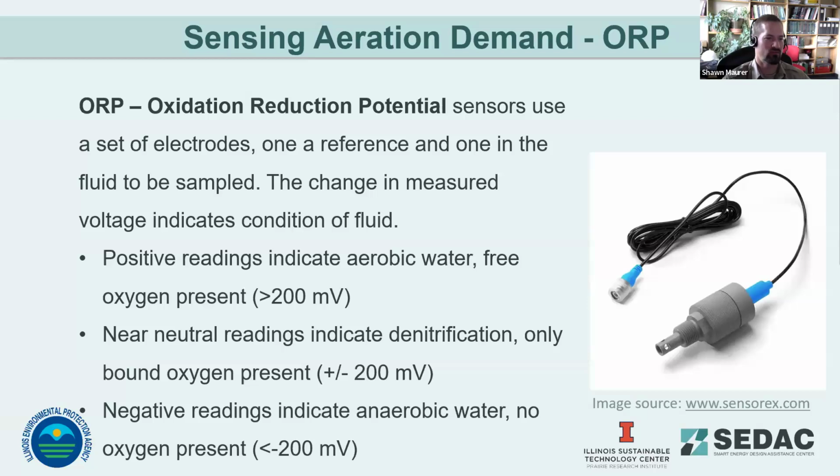So ORP is good for processes that have to either fluctuate between these different settings, like if you have an SBR or process like that, or for monitoring swing basin control, things like that, for like an A2O process or something where you've got an aeration basin with slug flow going through it, and you're transitioning between aerobic, anaerobic, and anoxic conditions.